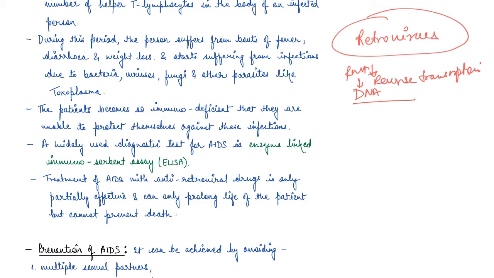So there are basically, guys, a lot of diagnostic tests. There are various different types of diagnostic tests for AIDS. One of the tests is known as ELISA.